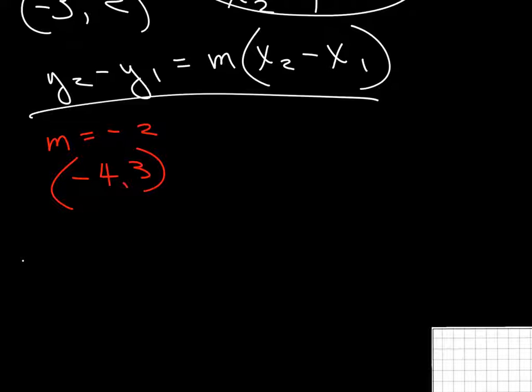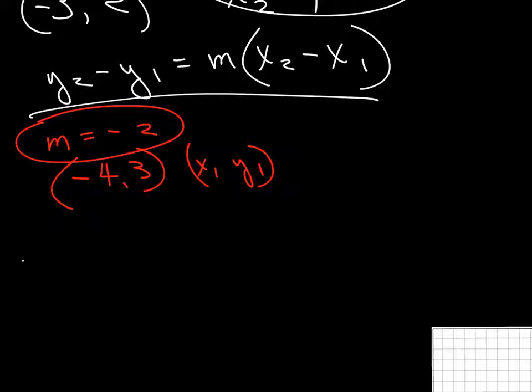Alright, so what they have done is, let's call this x1, y1. Okay, you can call it x2, y2 if you want, but let's call it x1, y1. And our m, we said, was -2.